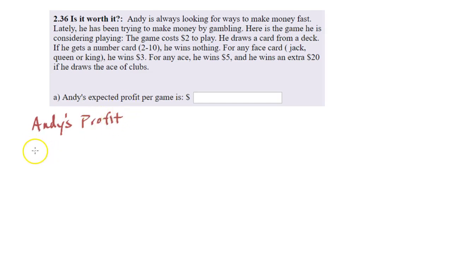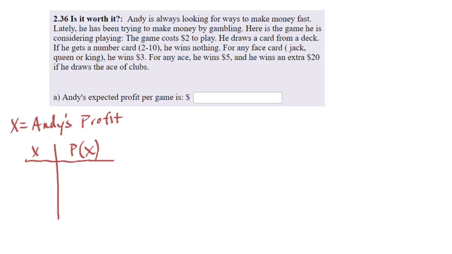We'll call that X. X is Andy's profit, and there are several different outcomes, each with a respective probability.